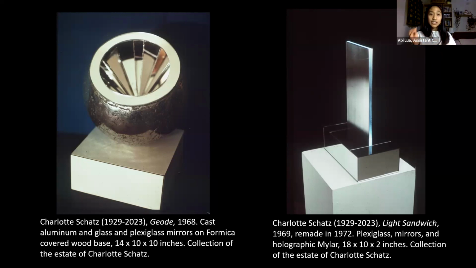When the light shines on Geode, it will refract and reflect off of its many plane surfaces inside. And then with Light Sandwich, there is an LED light sandwiched literally in between two sheets of plexiglass or steel, and it creates this warm glow.